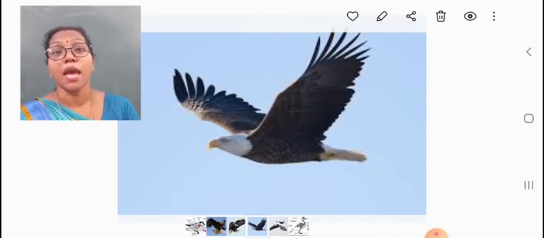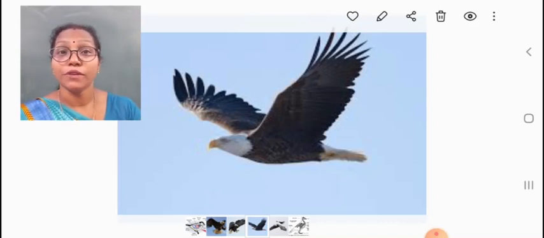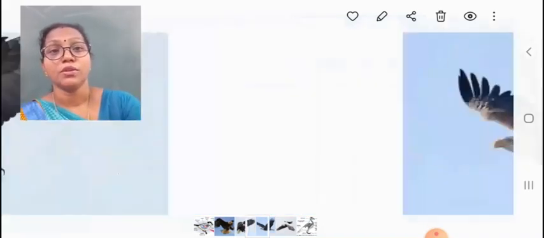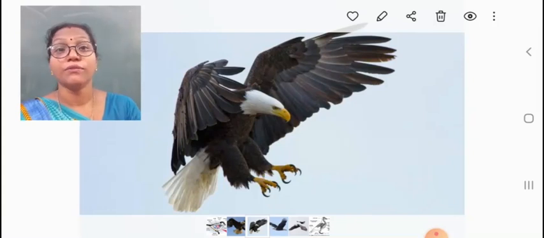This shape helps to increase the air pressure at the bottom of the wings. This increased air pressure gives an upward push to the bird so that the bird can overcome the force of gravity. So children, the structure of the wings is very important.